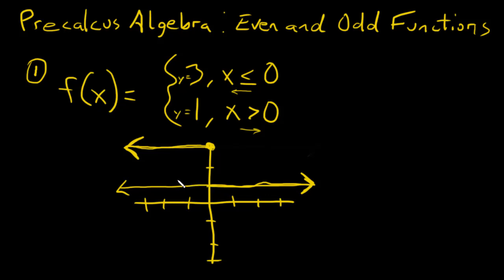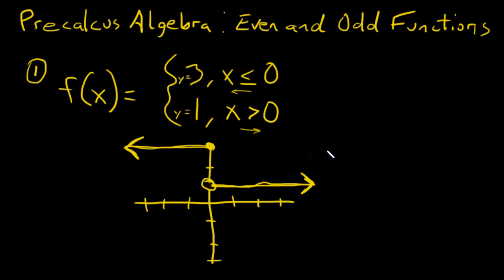So I'm going to erase everything to the left of that. And since I have a greater than and not a greater than or equal to, it does not include the value 0, so I put an open circle right there. And so there you have it. That's exactly what the function looks like when we graph it piecewise.